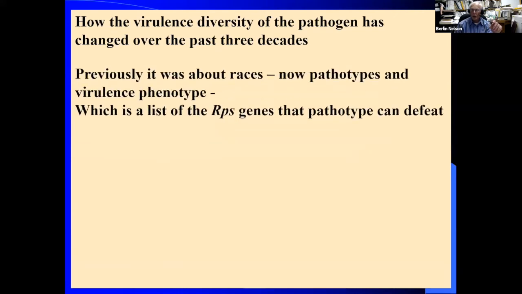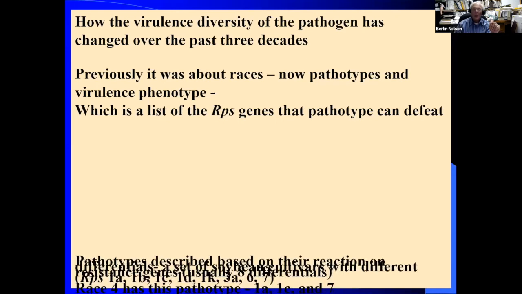First of all, we used to talk about races, and I think you all know what a race is. Now we talk about pathotypes and virulence phenotype. A virulence phenotype is nothing more than a list of those RPS genes that an isolate of the pathogen can defeat.